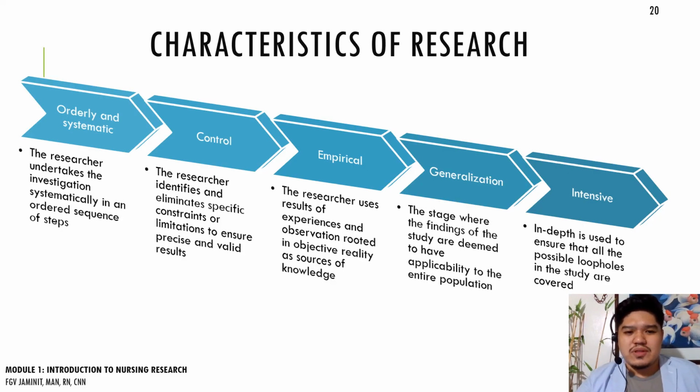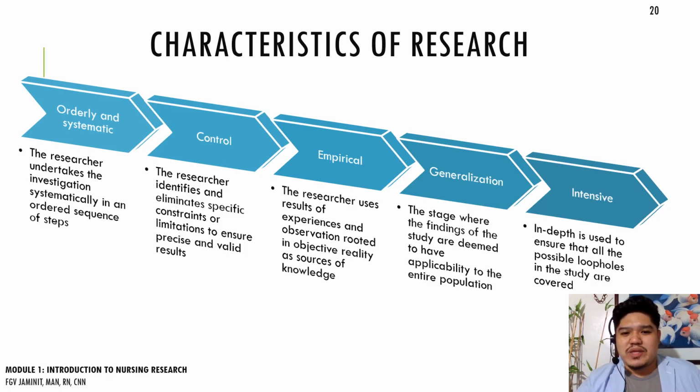Control is when the researcher identifies and eliminates specific constraints or limitations to ensure precise and valid results. Usually it is performed during experimental studies, okay, where there are two groups of participants or respondents of the research. So every step of the investigation in a controlled research environment is planned.